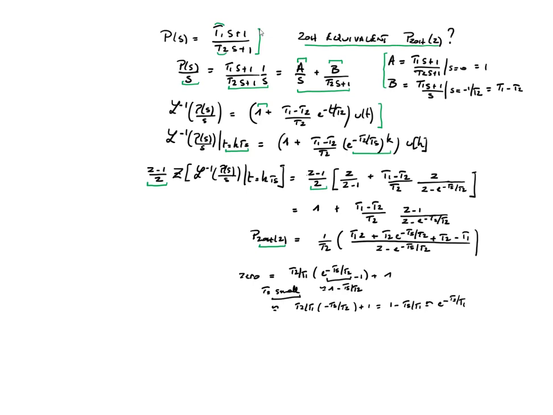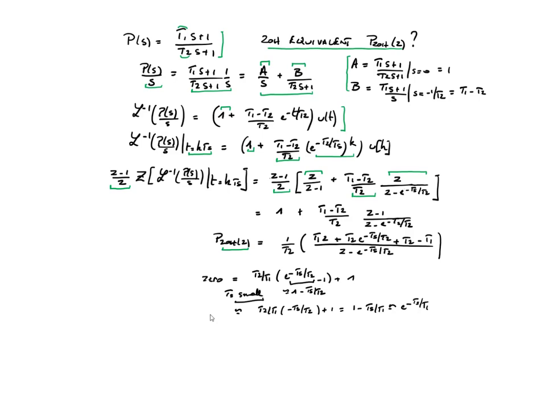The z transform of 1 times u[k] is z over z minus 1, and the z transform of this one times u[k] is given over here, and of course you have the factor that you have over here. If you simplify, this is what you obtain, and then you can put everything under the same denominator, and this is what you obtain.